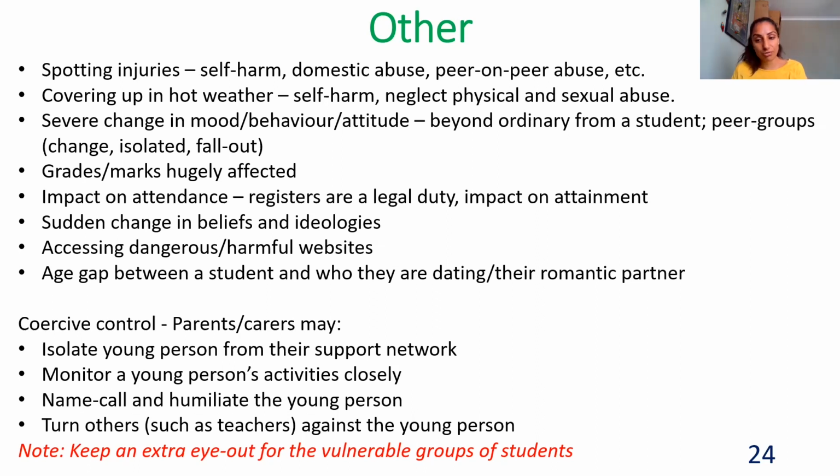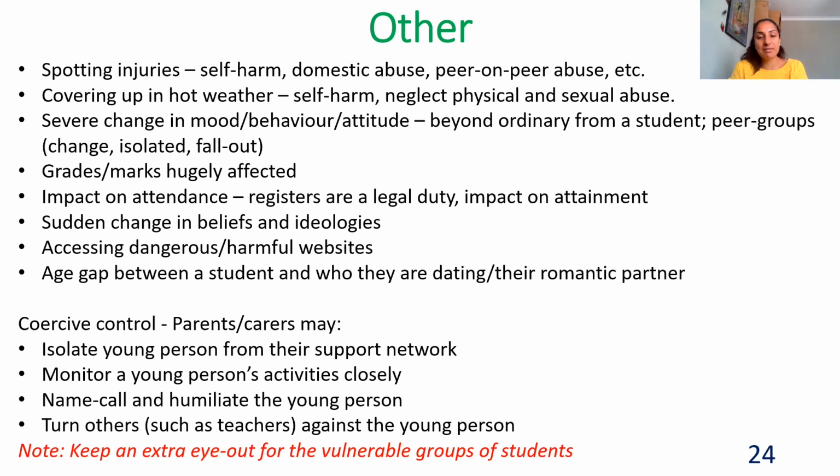As we all know, our students are young people. Parents and carers will control elements of their life, in fact, most elements of their life. However, there might be certain areas that are a bit worrying or raise some concerns. It might be things like a parent isolating that young person from their support network, or monitoring a young person's activities closely, or they name call and humiliate their child, or they try and turn others, such as teachers, against that young person.